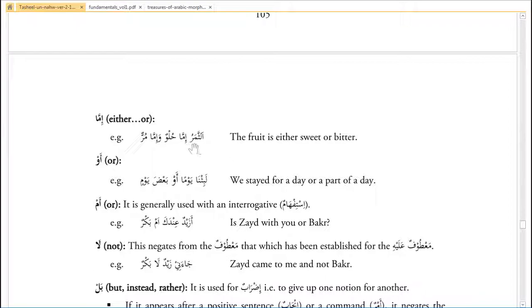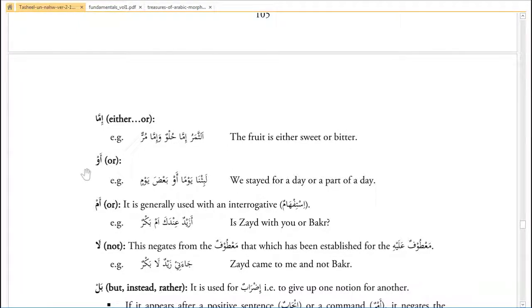So the fruit is either sweet or bitter. So imma is used for ataf.